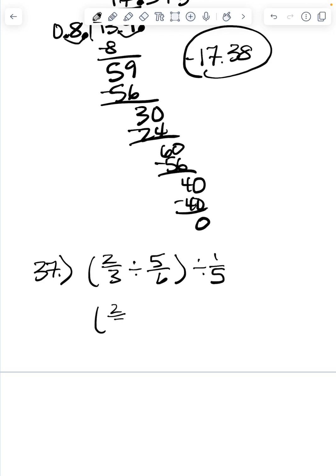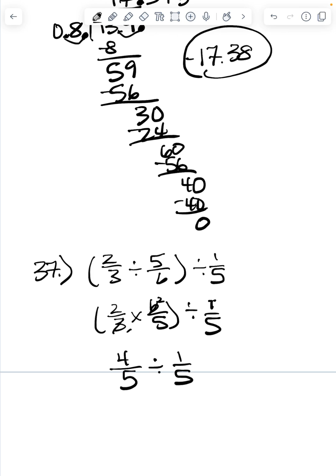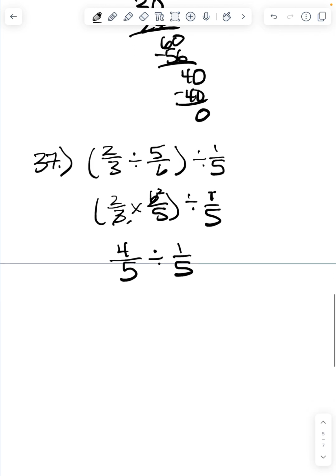Keep the 2/3, multiply by the reciprocal. So inside the parentheses here, I can cancel, and I multiply my numerators to get 4, my denominators to get 5, and I'm still dividing by the 1/5. Except I'm not going to divide by 1/5. I'm going to multiply by the reciprocal, and I'm going to cancel and end up with 4.